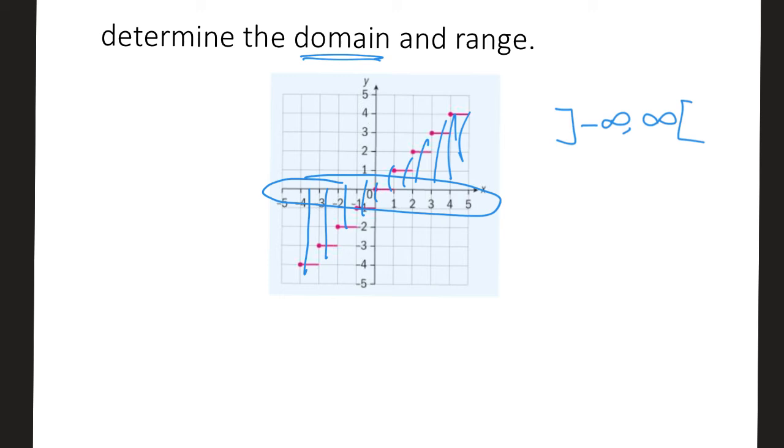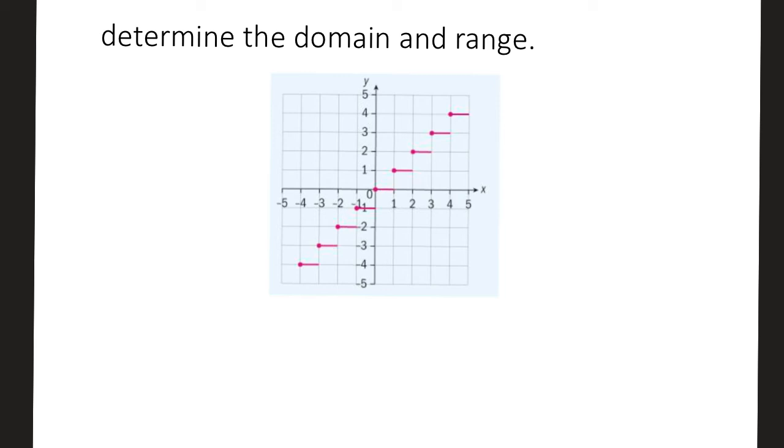Now the range, let me get rid of some of this stuff. The range, which I'm going to do in a different color, is just the y values. So you kind of have to really think about this. I see there's a -4, and a -3, and a -2, but there's none of the fractions at all.